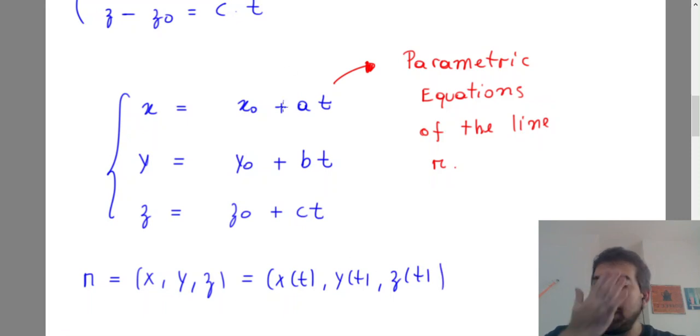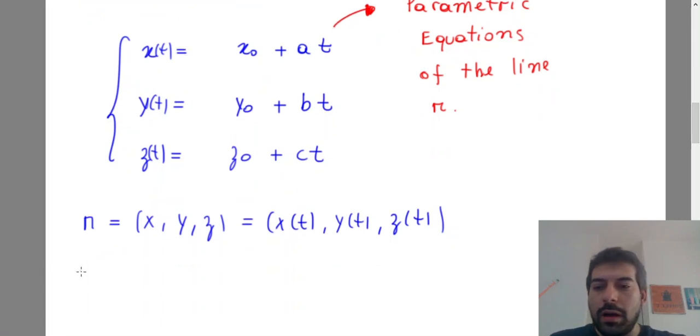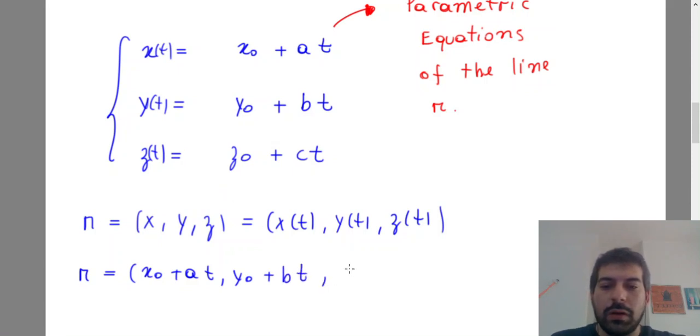Look, if you change the value of t, you change the point. Those coordinates depend just on t. They rely on t to change their value. So we can represent the line R as a line where x(t) is x0 plus at. The second coordinate of the line will be y0 plus bt. And finally, the third coordinate will be z0 plus ct. You can represent the parametric equation of the line in this way as well, no problem.